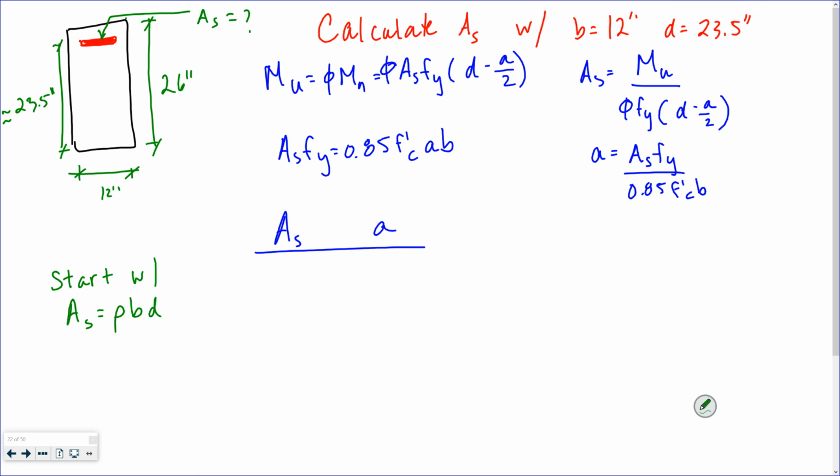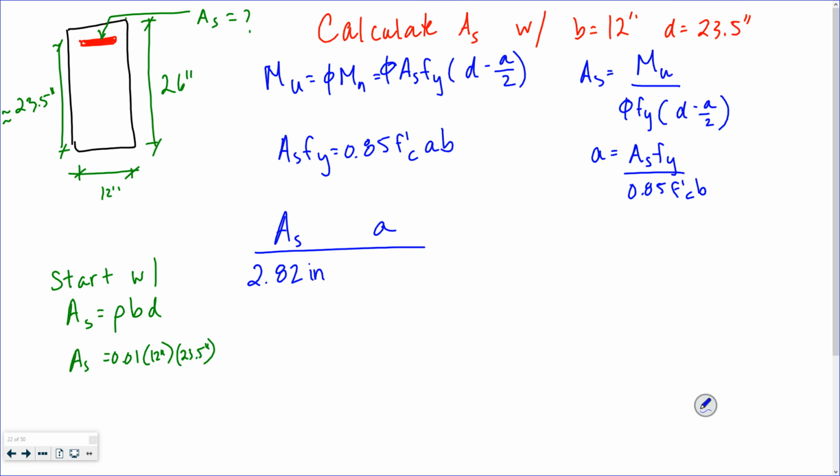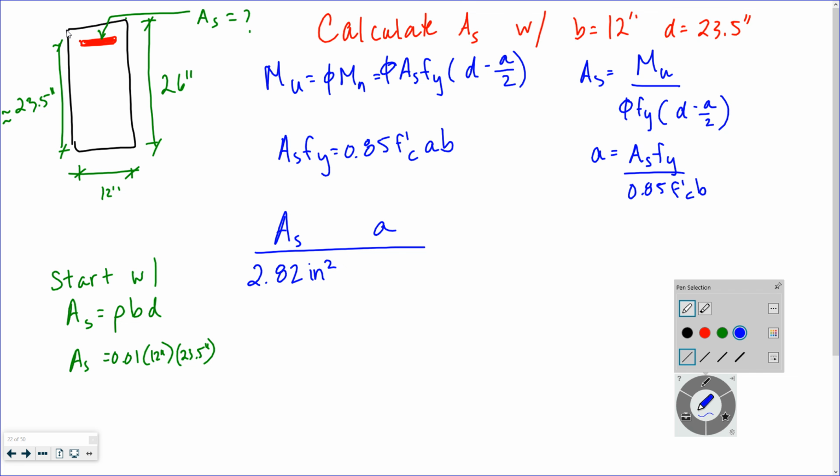That 0.01, right? 0.01 times 12 inches times 23.5 inches. So that means I'm starting with 2.82 inches squared. If I put that value into the equation for A, I get a value of about 5.55 inches.